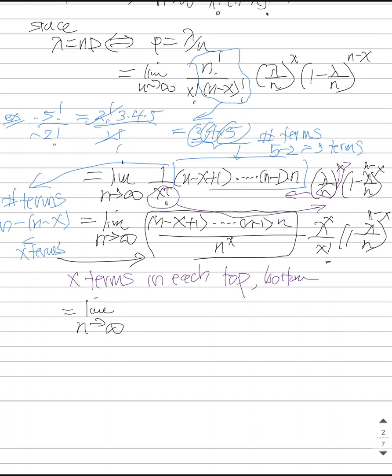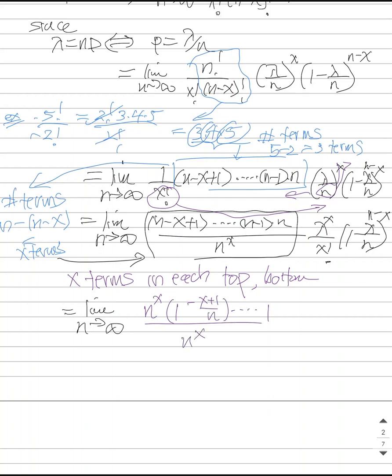So I'm going to factor out an n from each one of those terms upstairs. Because I have x of them, I'll have n times n times n times n all the way up, and so that'll be an n to the power of x. And then I'll have 1 minus x plus 1 over n, and all of this junk all the way down to a 1. And that'll give me an n to the power of x there.